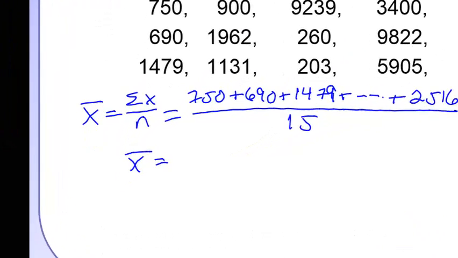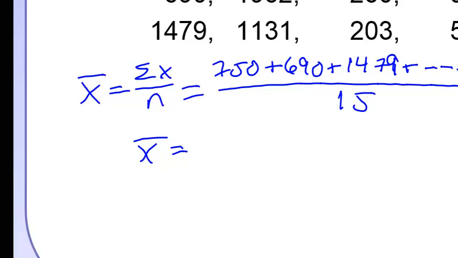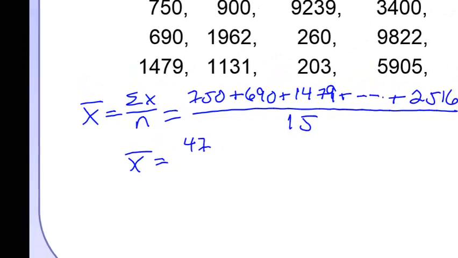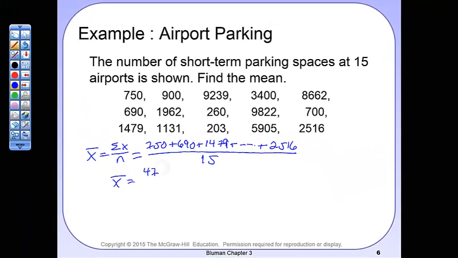So my X bar, where I add up all of these numbers, that is going to give me 47,619, and I'm going to divide by 15.